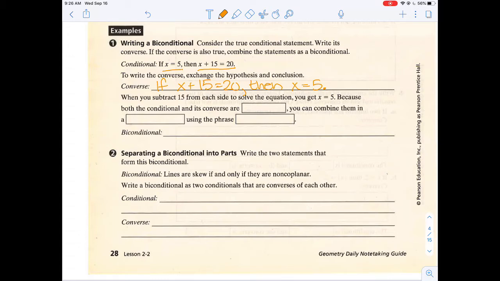Because both the conditional statement and its converse are true, you can combine them in a biconditional statement using the phrase if and only if.